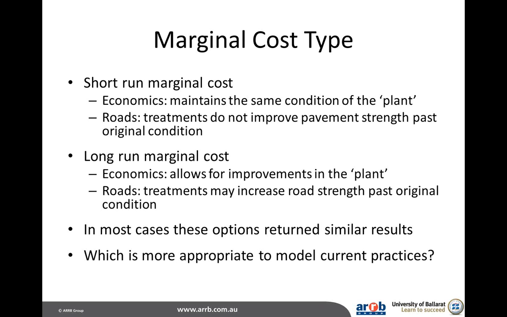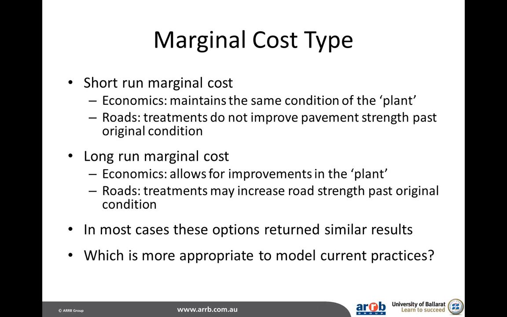The long-run marginal cost, in economic terms, allows for improvement in the plant over the life of the project. And so we've translated that as a treatment may increase the road strength past its original condition. We've managed the difference between these two by limiting our works effect model.